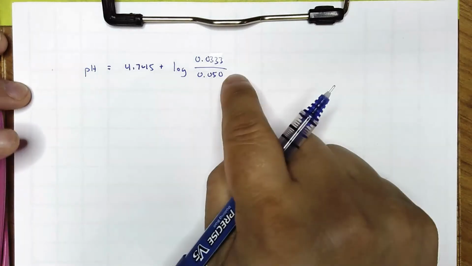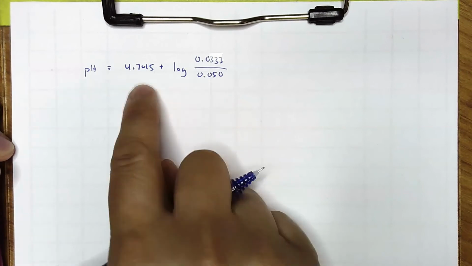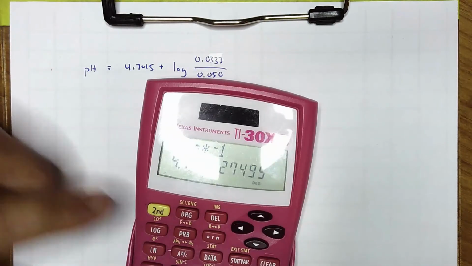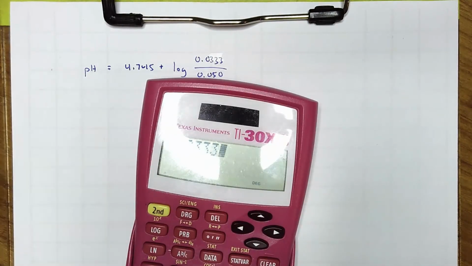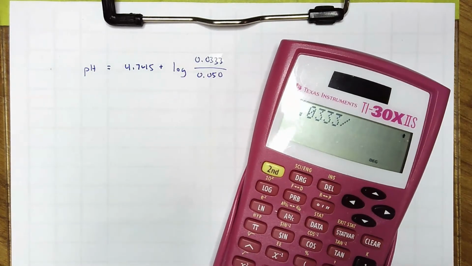You know, when your ratio is less than 1, that log is going to be negative. So we are going lower than 4.75, which is expected. Let's see how much lower. 0.0333 divided by 0.050, log of that answer.